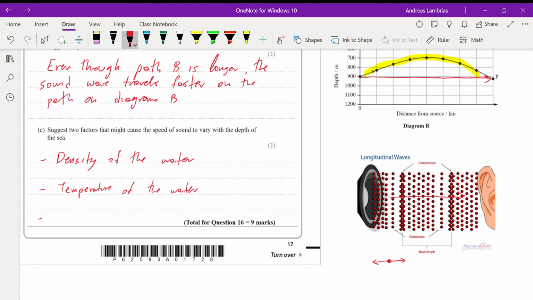And the last one, we can also say the pressure. Pressure is linked to the force that applies, and of course to the energy that the particles have. So any two of these three will cause the speed of sound to change.